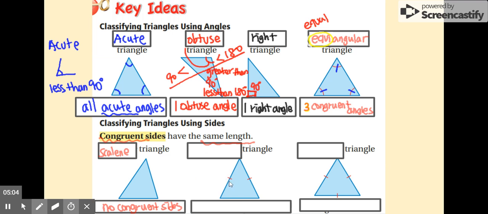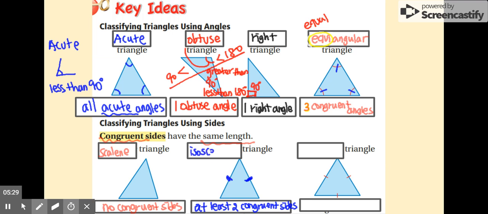And when you have at least two congruent sides, then it's called isosceles.